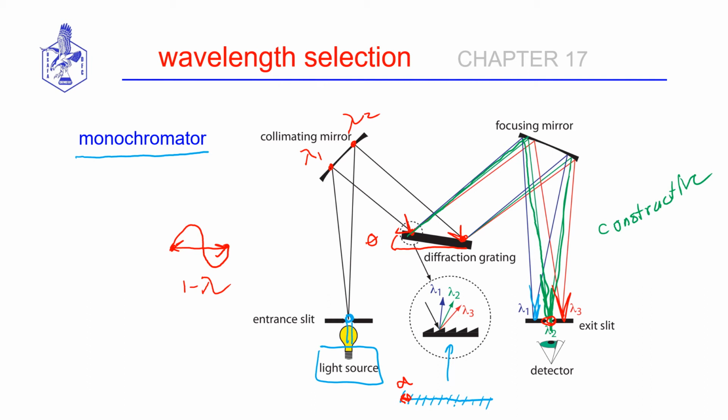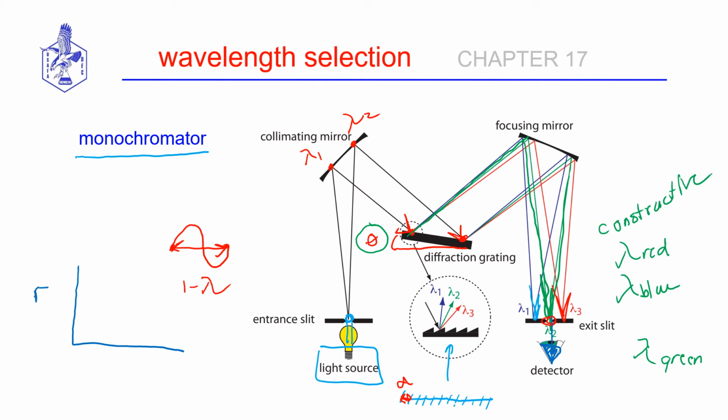In this instance, that angle position is such that the green light is getting through. If I change this angle, then I can allow the blue light to get through, or I can allow the red light to get through. So by scanning over a range of wavelengths, I change which wavelength with respect to time is getting through the monochromator and being allowed to hit the detector. This is how we collect a spectrum.